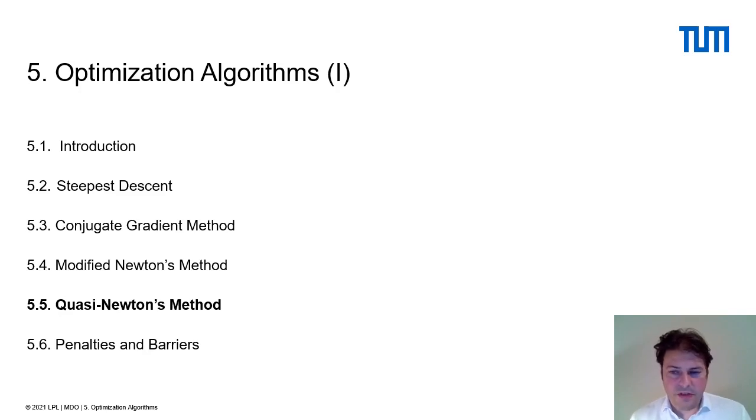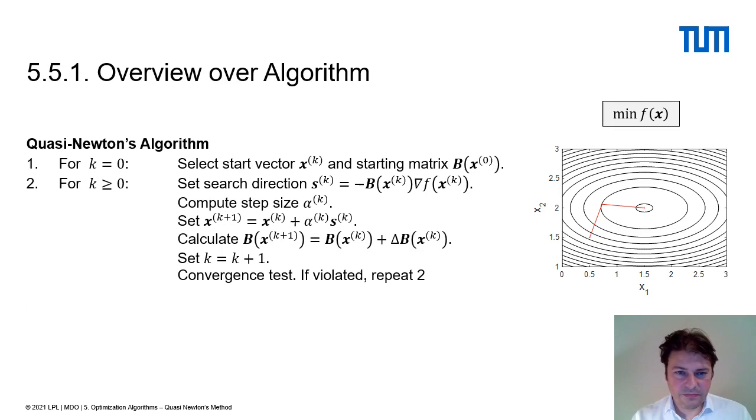So there is a method that alleviates these problems, where you do not compute the Hessian directly, but you only estimate it using first order gradients. This method is called quasi-Newton's method. Again, the setup looks like this, and for nice problems, you will reduce the number of required iteration steps significantly.